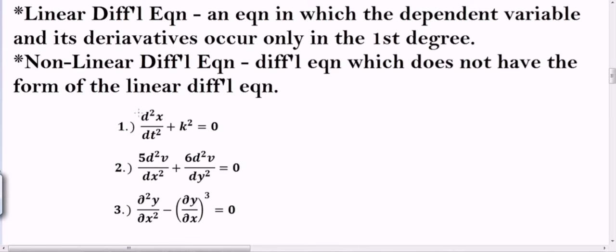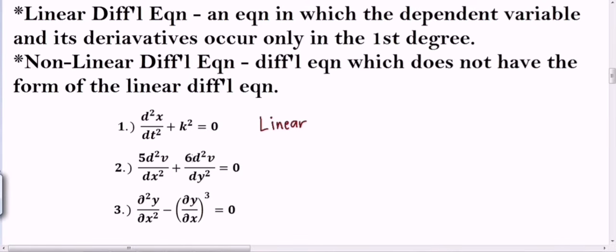So, this has an imaginary one raised to 1. That is our highest exponent, 1. So, this number 1 is a linear differential equation, guys. Okay? When something is raised to 2 or raised to 3, that is what we call non-linear.